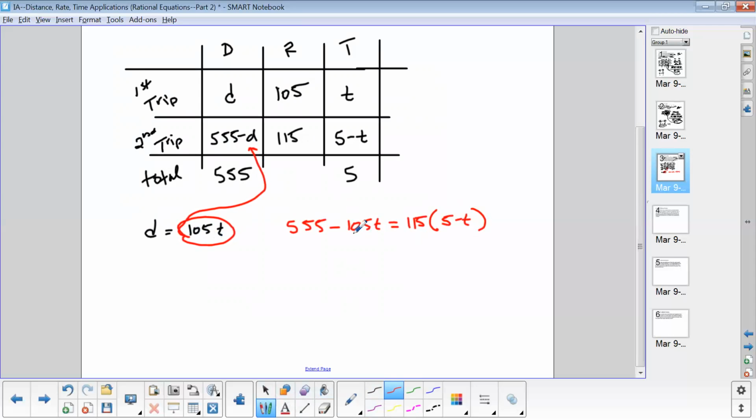So this will allow us to solve for t, which we'll substitute here, which would give us a distance for the first part of the trip. So 115 times 5 and 115 times t. So I'm going to get 575 minus 115t equals 555 minus 105t. So I'm going to add 115t, and I'm going to subtract 555.